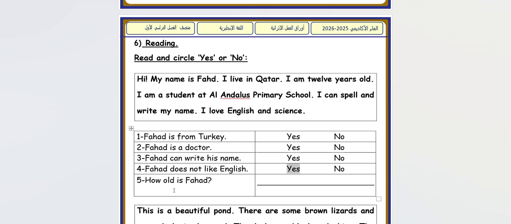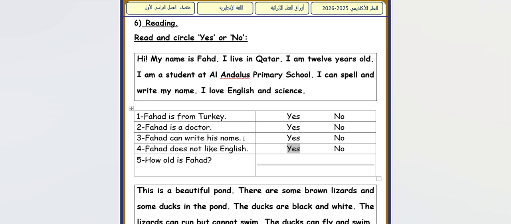And the last question, question number 5. How old is Fahd? We check. We go back to the first one. Hi, my name is Fahd. I live in Qatar. I am 12 years old. So Fahd is 12 years old. Okay, so we write here 12.